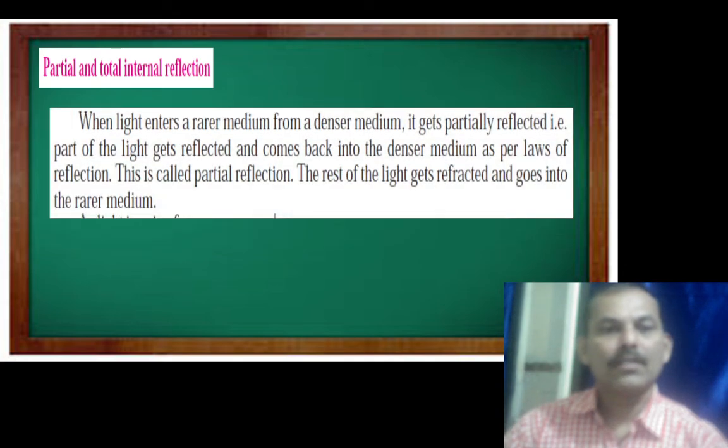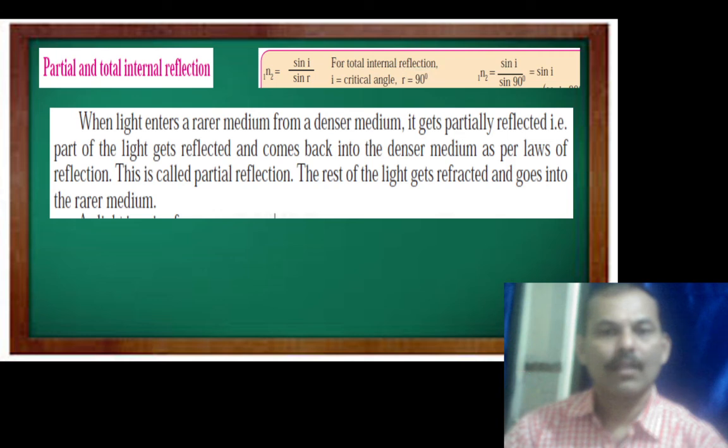Then partial and total internal reflection. When light enters a rarer medium from a denser medium, it gets partially reflected. That is, part of the light gets reflected and comes back into the denser medium as per the laws of reflection.